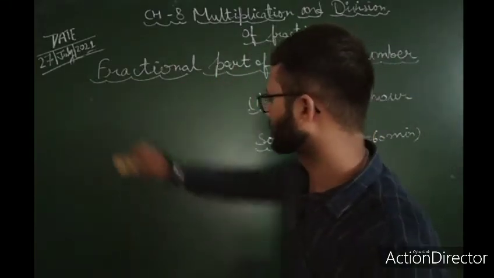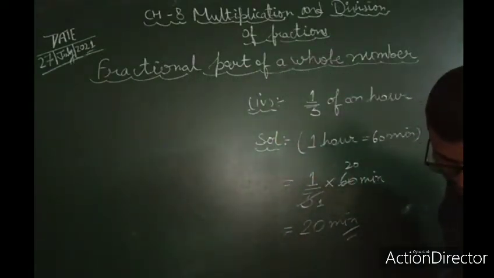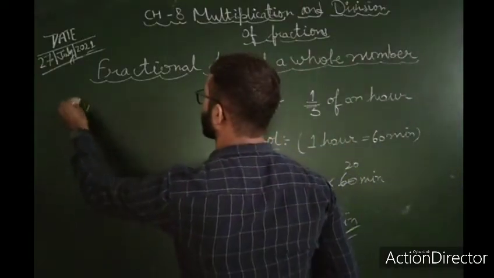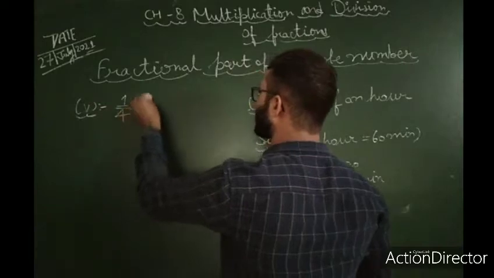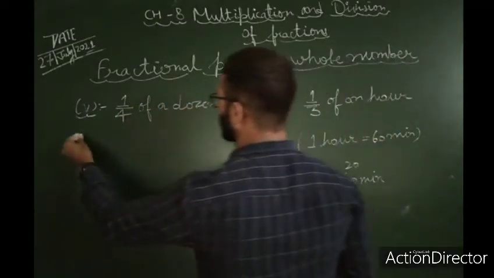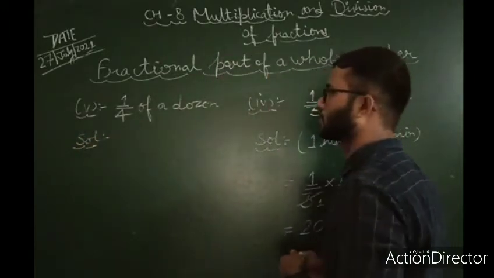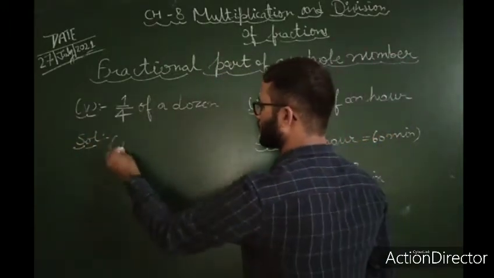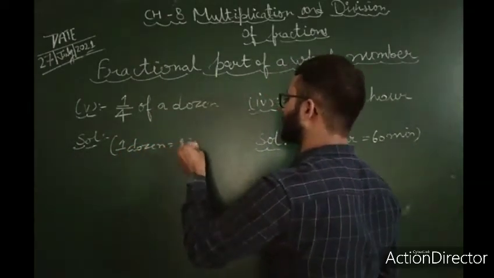Now here we take one more example related to this type of questions, like 1 upon 4 of a dozen. 1 upon 4 of a dozen, right? So 1 dozen is equal to 12 items.